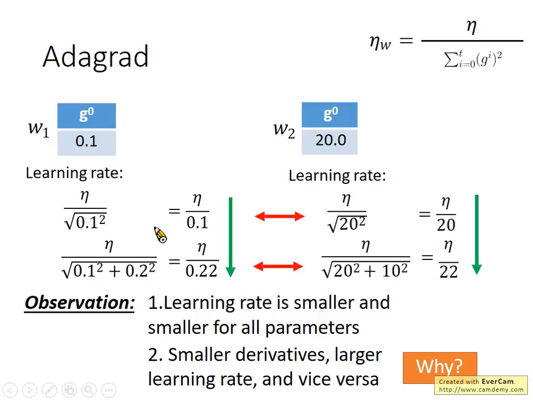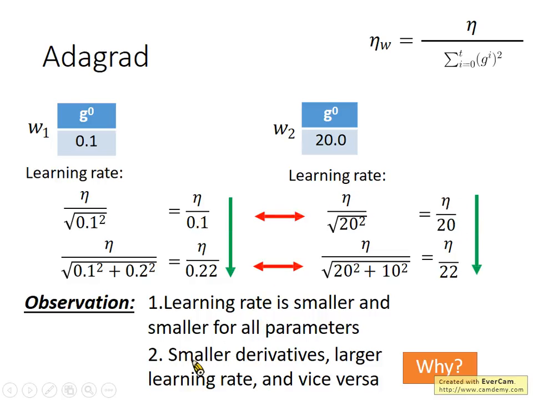So here we can see that with respect to W1, the derivative is smaller. With respect to W2, the derivative is larger. And by comparing these two values, we see that eta divided by 0.1 is much larger than eta divided by 20.